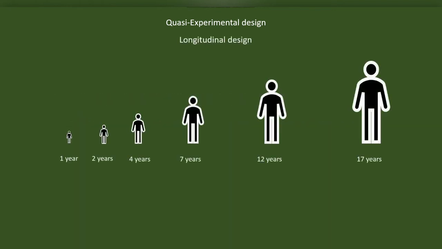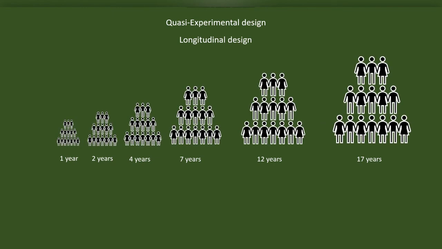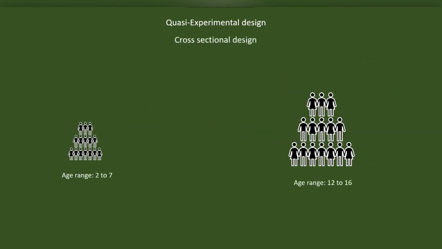Another type of quasi-experimental design is longitudinal design. In a longitudinal design, we will study the changes in one or more variables for a while, maybe from a particular year to a specific year. The experimenter will observe the changes in an individual or a group. Another type of quasi-experimental design is a cross-sectional design.